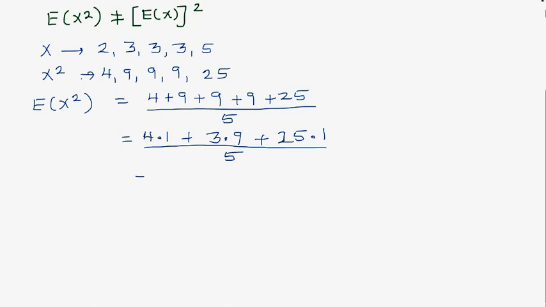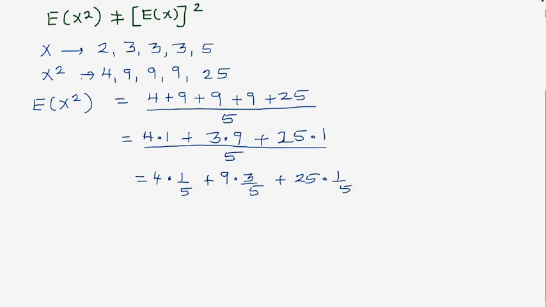So that is the same as writing 4, which is your x squared, times 1/5, which is the probability of getting 4, plus 9 times the probability of getting 9, plus 25 times 1/5.